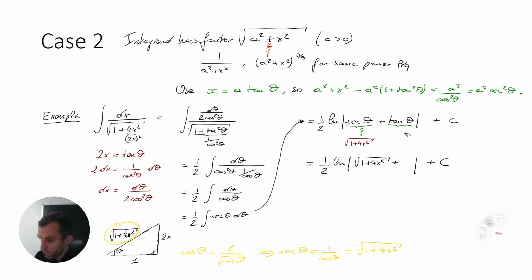This should be 2 times x, and then here I also have a 2 times x. So just to make it clear, this is my final answer, modulo the small mistake that I made earlier. So that gives us the case where we have a squared plus x squared.